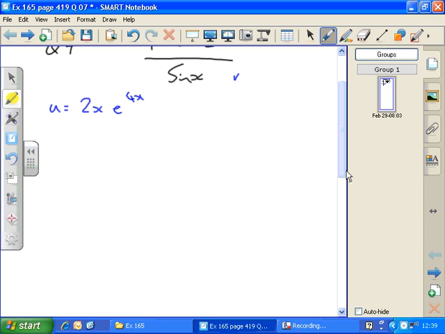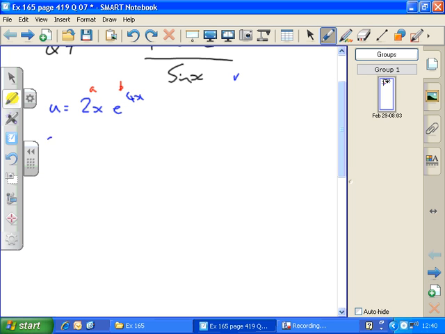We've used u and v, so let's just say a and b. The letters don't matter. For the product rule, remember, it's the first bit times the differential of the second bit, plus the second bit times the differential of the first bit. So we could almost just write down the answer.